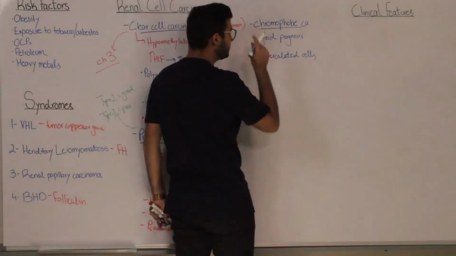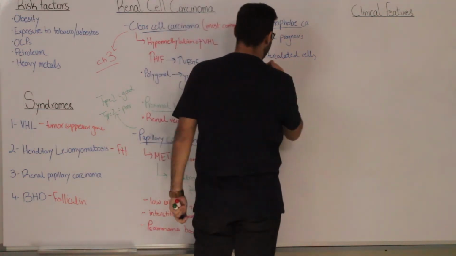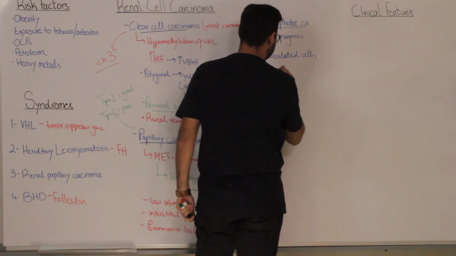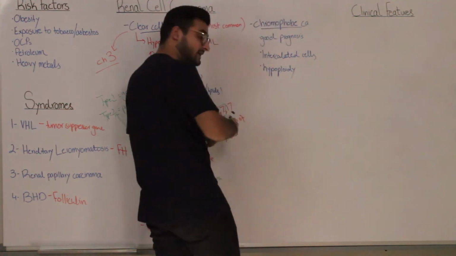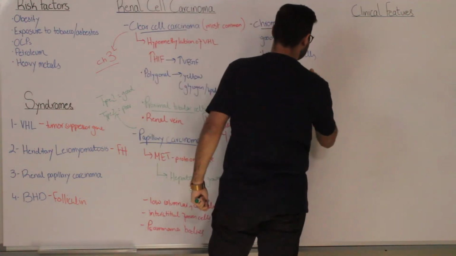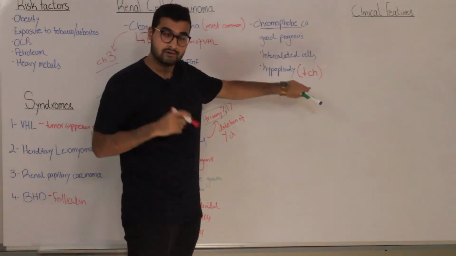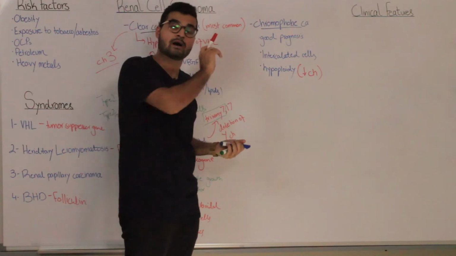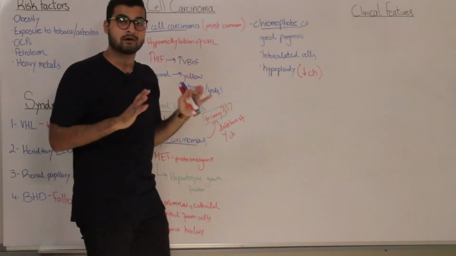So the reason why a person would develop chromophobe carcinoma is hypoploidy. Hypoploidy is basically a reduced number of chromosomes, right? So a reduced number of chromosomes leads to hypoploidy, and patients with hypoploidy can develop chromophobe carcinomas.